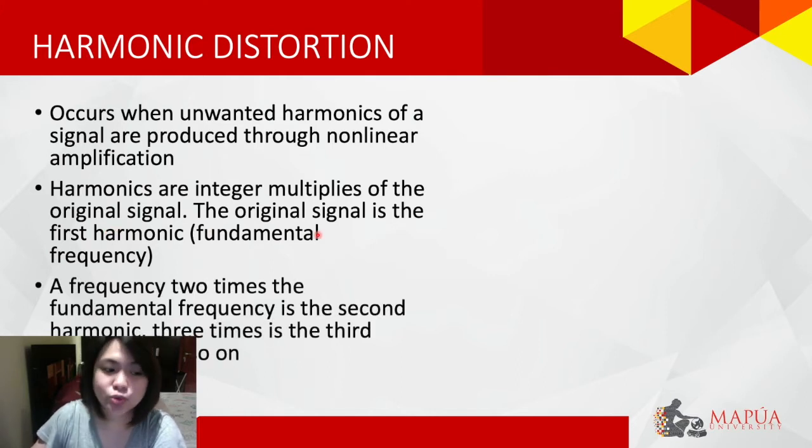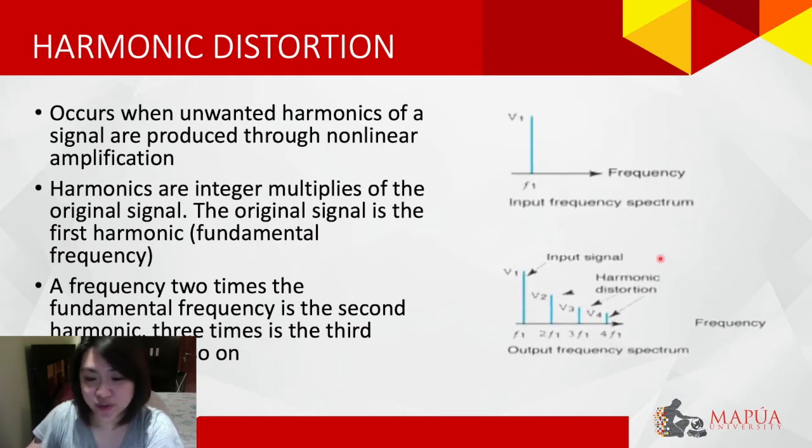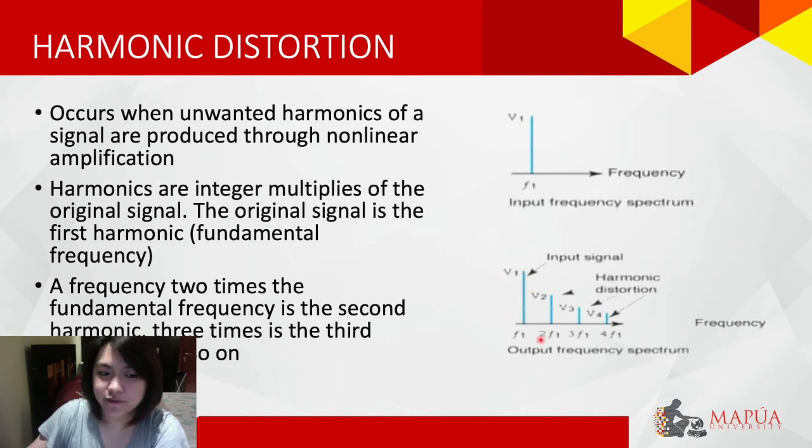A frequency 2 times the fundamental frequency is the second harmonic, 3 times is the third harmonic, and so on. As you can see here, this is the first harmonic, then the frequency 2 times the fundamental frequency is the second harmonic, 2F1, and the third is 3 times, and it goes on.